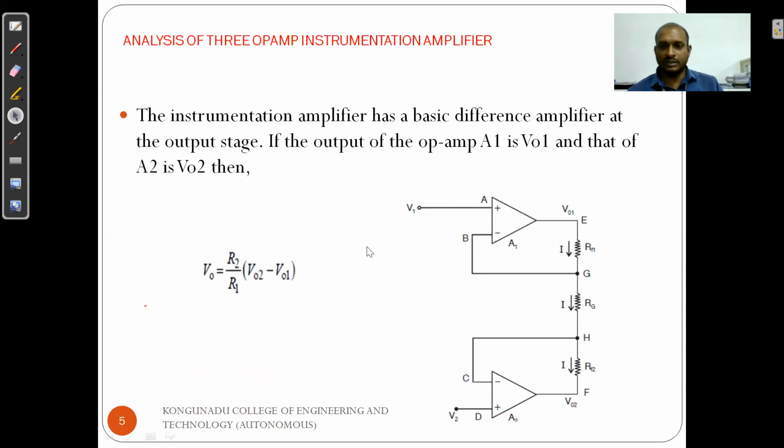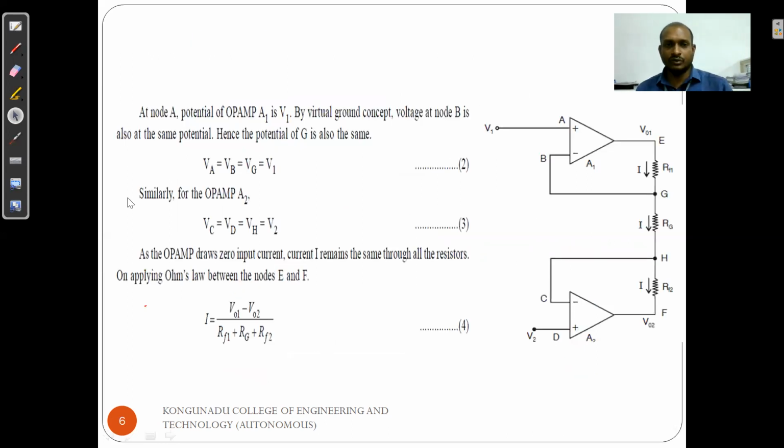With the help of the node equations and the virtual short concept, we are going to write the potential at A, B, C equal to V1. Similarly, at C, D, H the potential is equal to V2. So from Ohm's law, I is equal to (V01 minus V02) divided by (RF1 plus RG plus RF2).